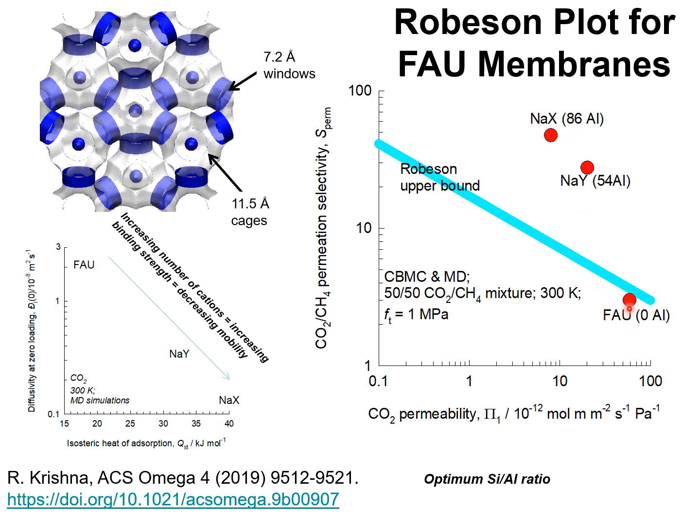On the other hand, we note that the permeability of CO2 is decreased by about an order of magnitude with increasing cations. The reason for this is that with increasing degree of cation exchange, the binding strength increases, but the diffusivity of CO2 decreases significantly by about 1 order of magnitude as we go from 0 extra framework cations to 86 extra framework cations per unit cell.